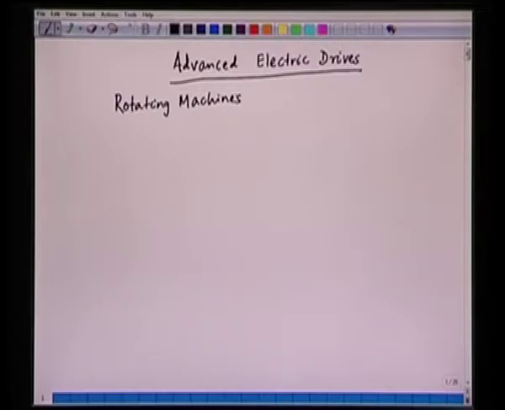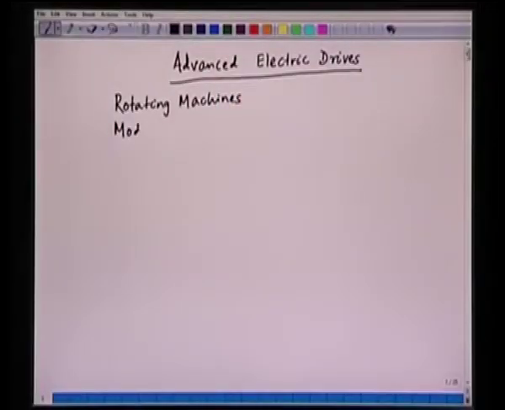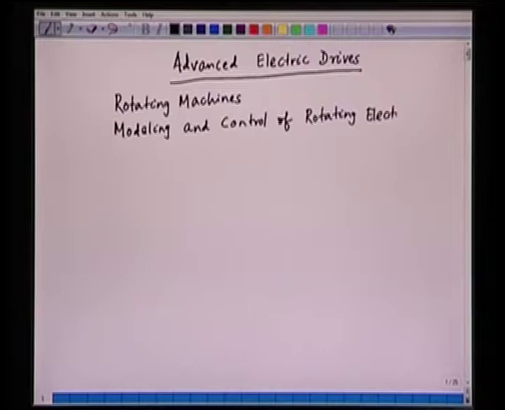And we will also concentrate on basically the modeling and control of rotating electrical machines.